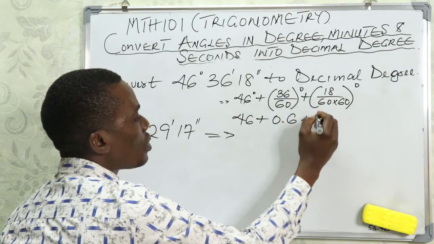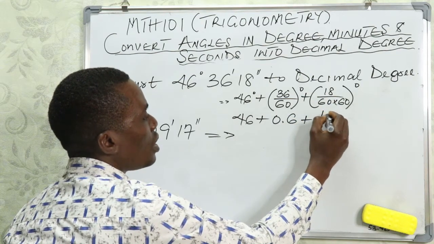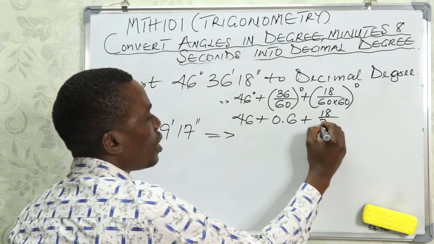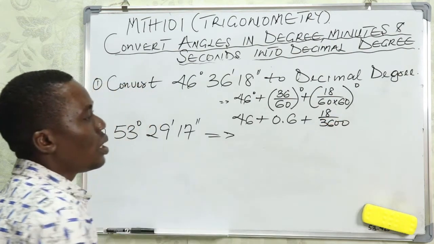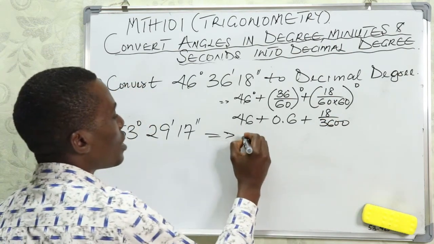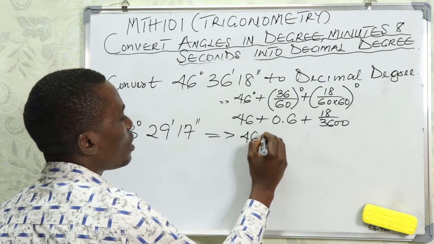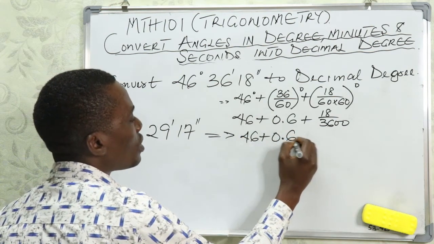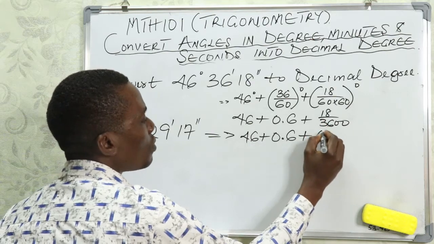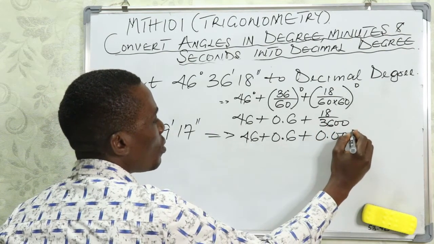That will give us 0.6, plus 18 divided by 3600. Now 18 divided by 3600 will give us 0.005.